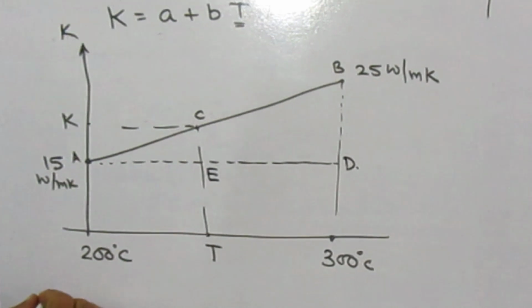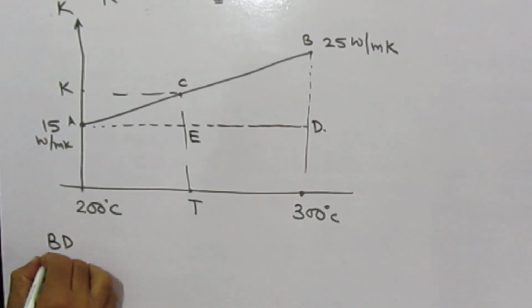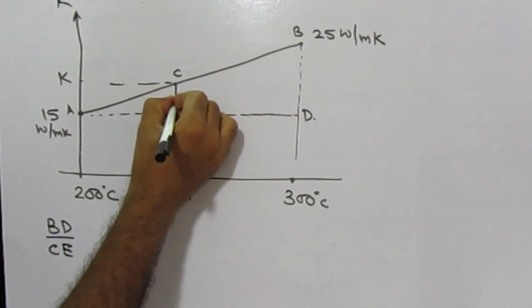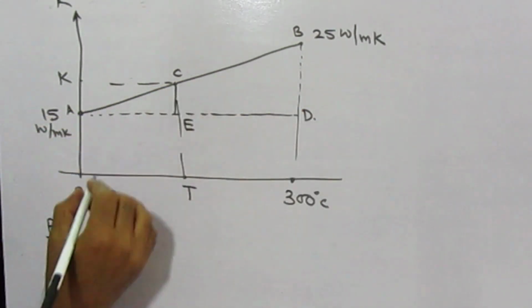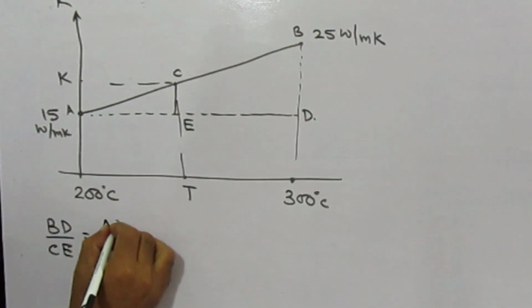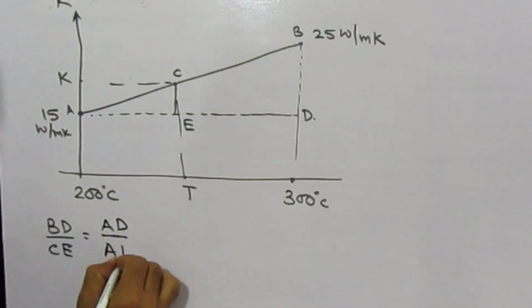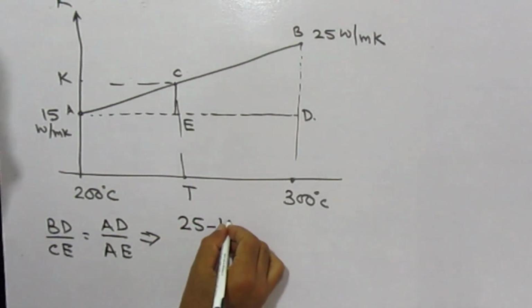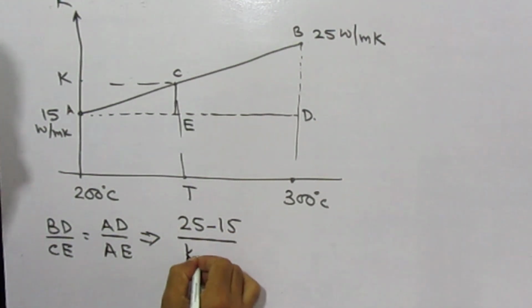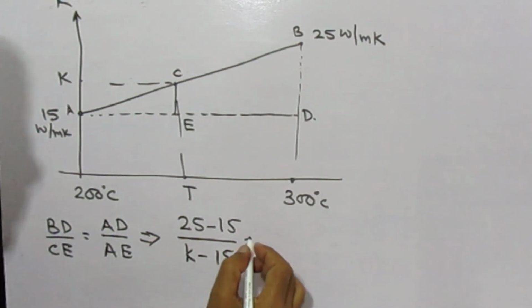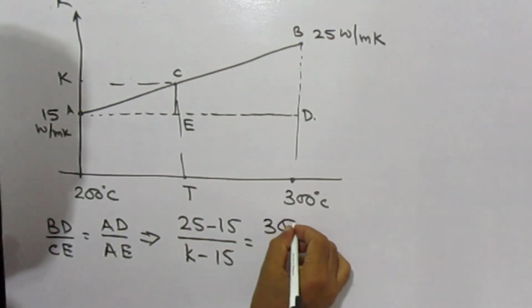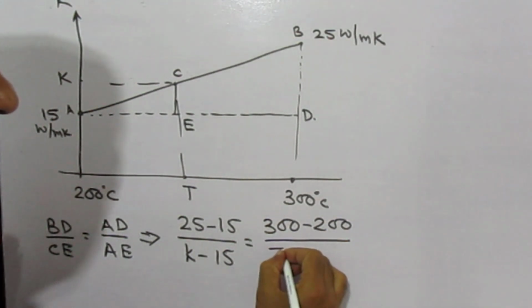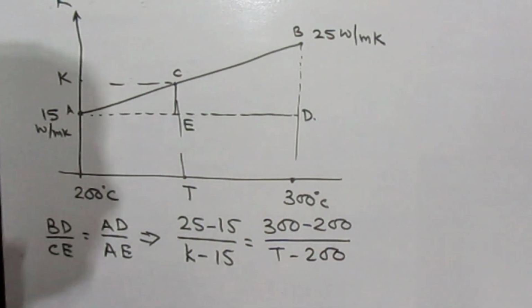So BD upon CE divided by AD upon R, 25 minus 15 upon K minus 15 equals 300 minus 200 divided by T minus 200.